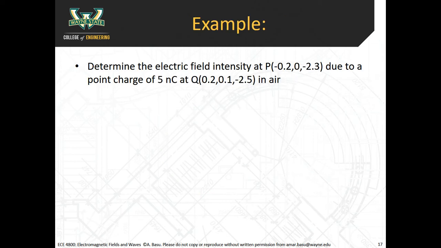All right, let's see if we can figure this out. Keep in mind, this is in Cartesian coordinates.